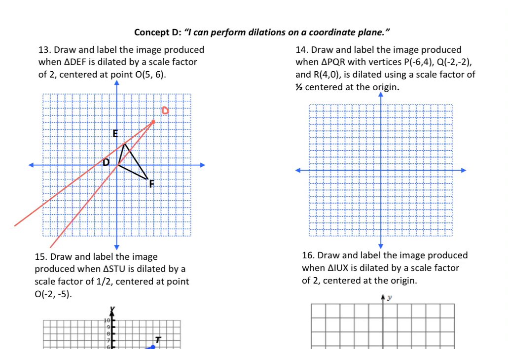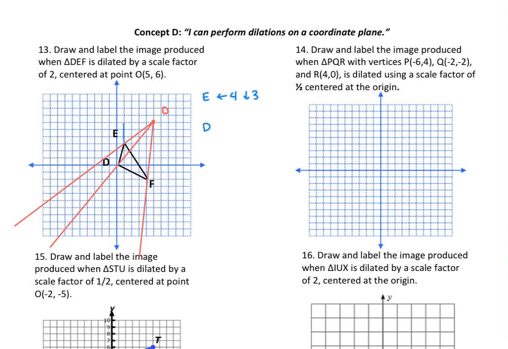Remember that this helps us ensure that we're doing the dilation correctly, because if we draw a point and it is not on that line, we know we did something wrong. We either counted wrong or multiplied wrong. All right. Now what we need to do is determine how far away each point is from the center of dilation. So starting with point E, we go 1, 2, 3, 4 to the left, and then we go down 3.